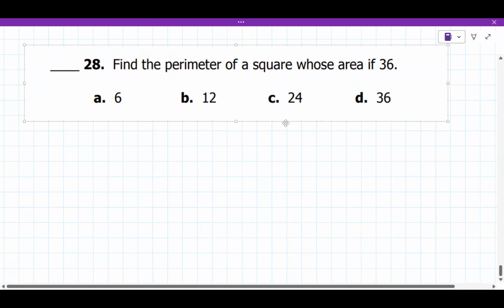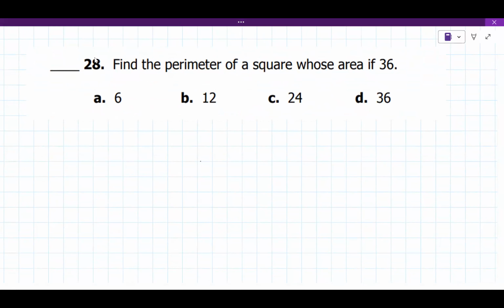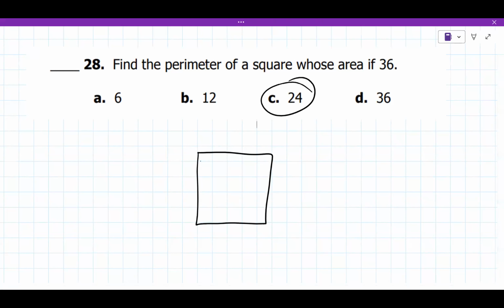I would recommend drawing a square on your paper and figuring out what two numbers multiply together to give you 36. 6 times 6 gives you 36. I would label all the sides and add them up for the perimeter. So 6 plus 6 plus 6 plus 6 is 24. That is correct. Good.